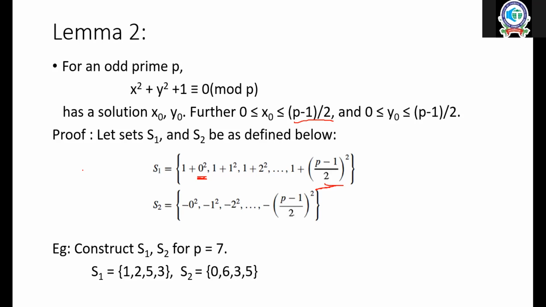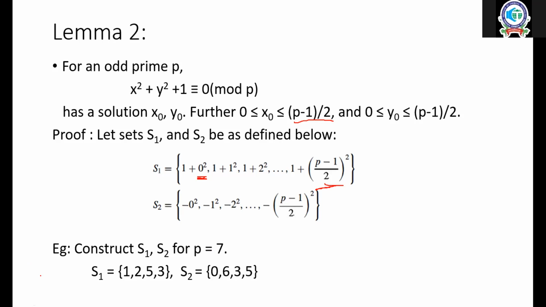Is it correct or not correct, or how do you prove it? Sir, in the example, we can say S1 has four elements and S2 has also four elements, 7 plus 1 by 2. Okay, you are telling 3 is common.